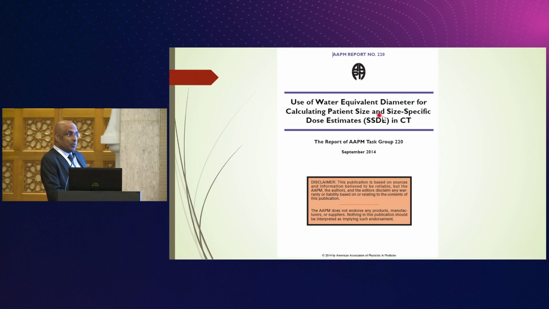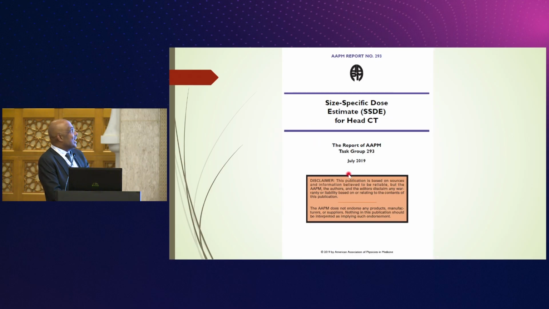It's about using water equivalent diameter. This method takes into account the tissue characteristics of the patient, how well the tissue attenuates the X-ray beam, and ideally it is the best method to estimate size-specific dose estimates. And then the last one was in 2019 for head CT examinations.